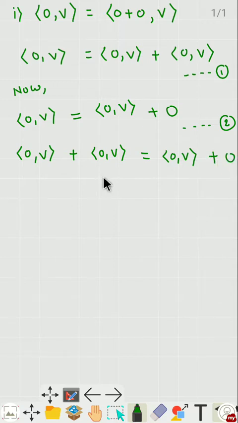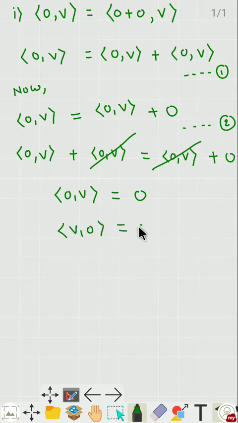So see here, this inner product will get cancelled with this inner product, since they are real numbers, we can cancel these real numbers. Now what is left is, on the left hand side, the inner product of 0 vector with v is equal to 0. Or by symmetry of the inner product we can write v with 0 vector is equal to 0.